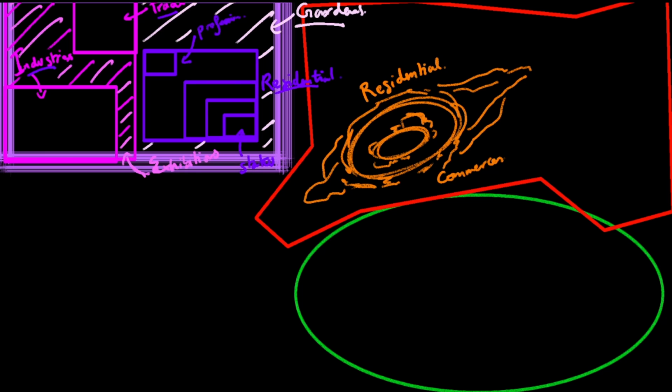Do you need an industrial part in this section, or do these two settlements trade with one another? Maybe this industrial part is also beneficial to this part, or maybe not, because they may need a different kind of resources, a different kind of specialization.